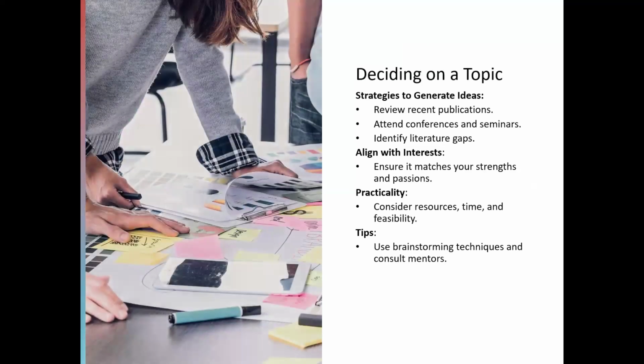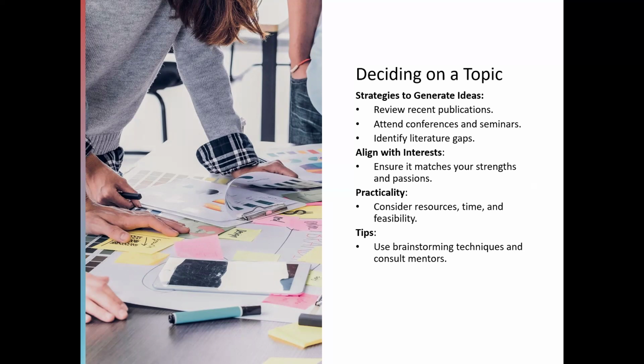Now, before that, you have to decide on a topic, about what you want to do research. So we will discuss that in the research synopsis. This is the first step: deciding a topic. So what are the strategies to generate ideas? Basically, if you want to do research on some topic, you have to review the recent publications.